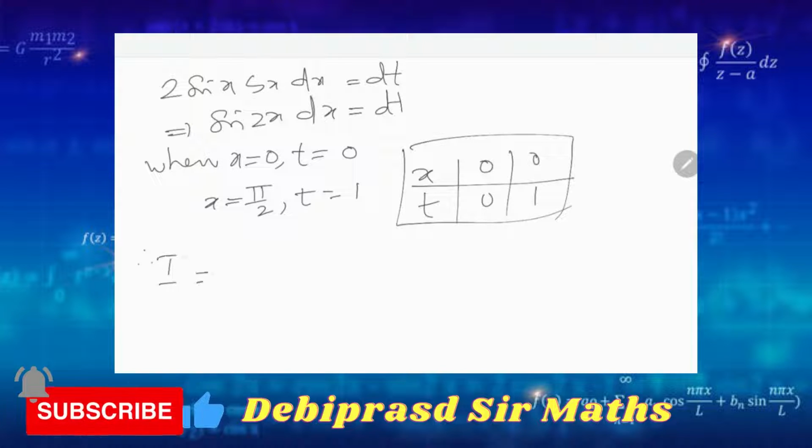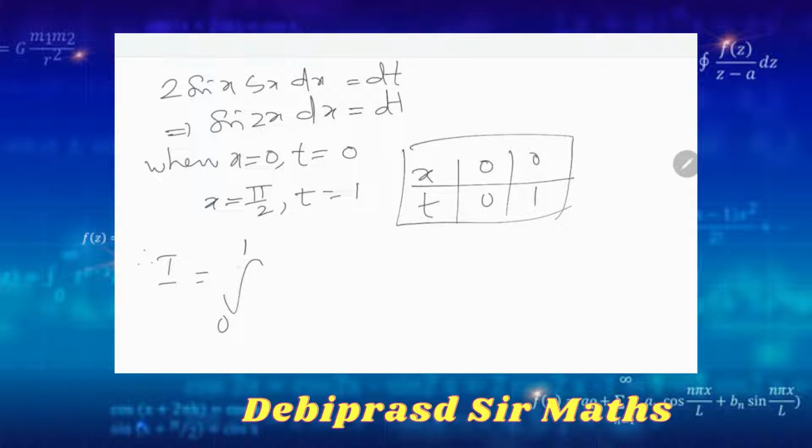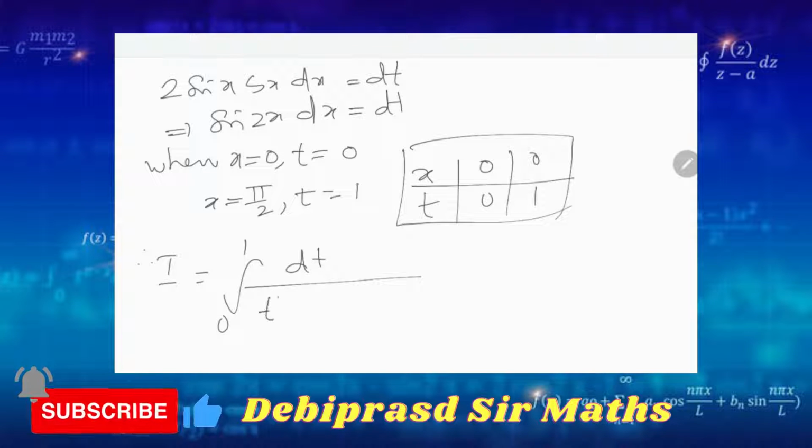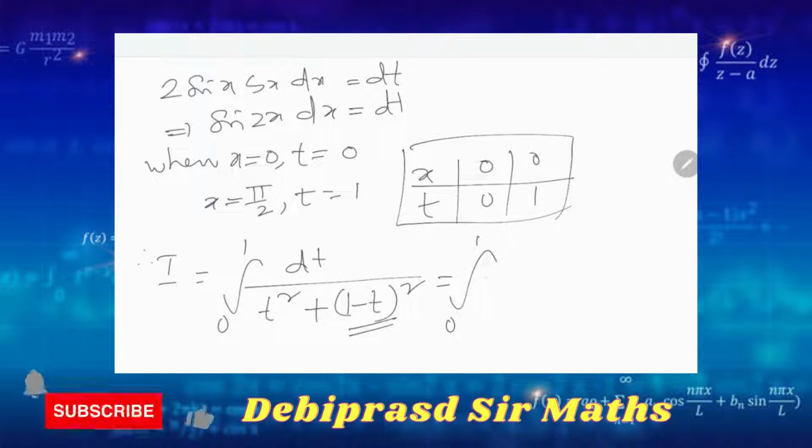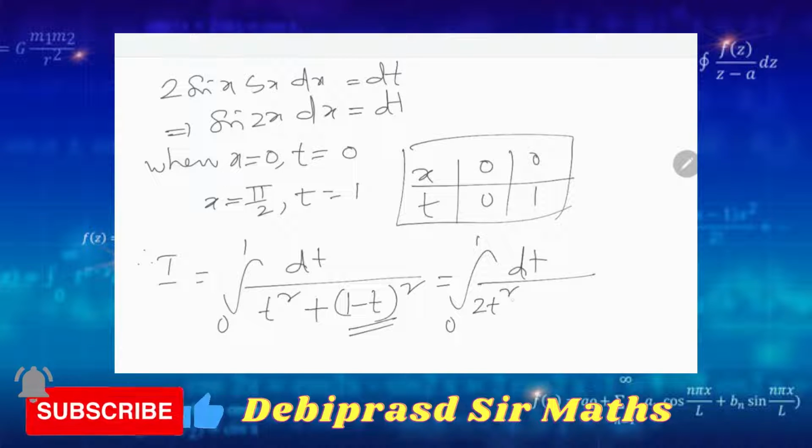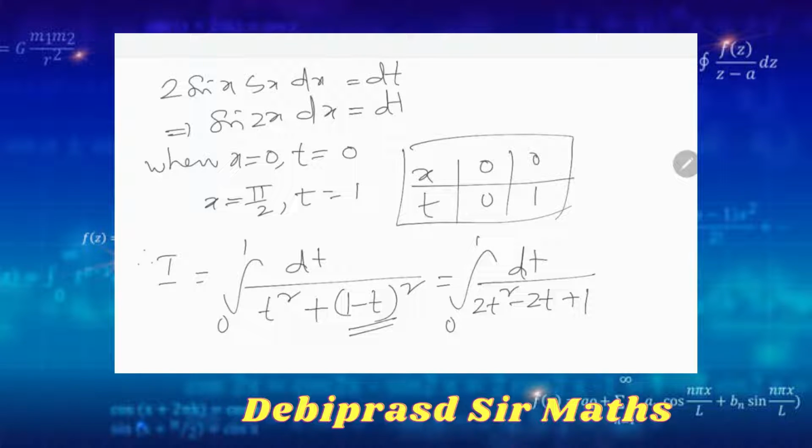Now, I is equal to the integral from 0 to 1 of dt by t square plus (1 minus t) whole square. If I expand, we will get dt by 2t square minus 2t plus 1.